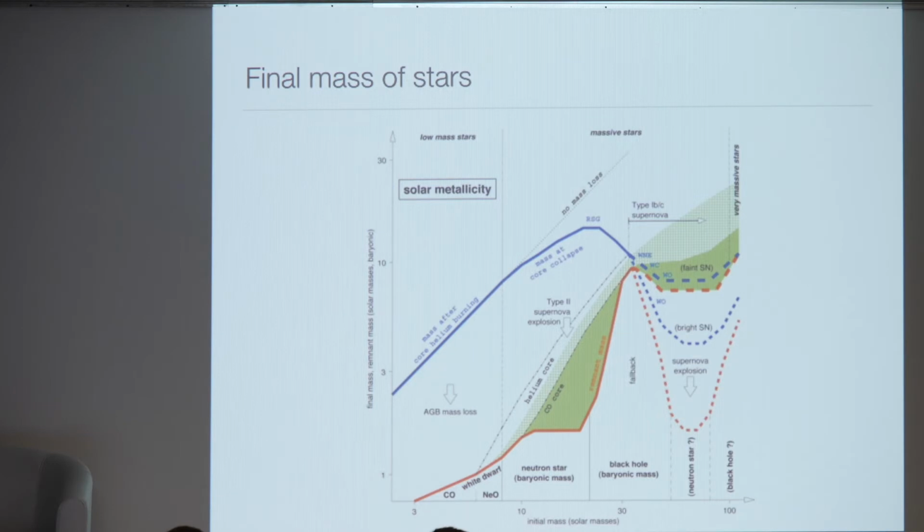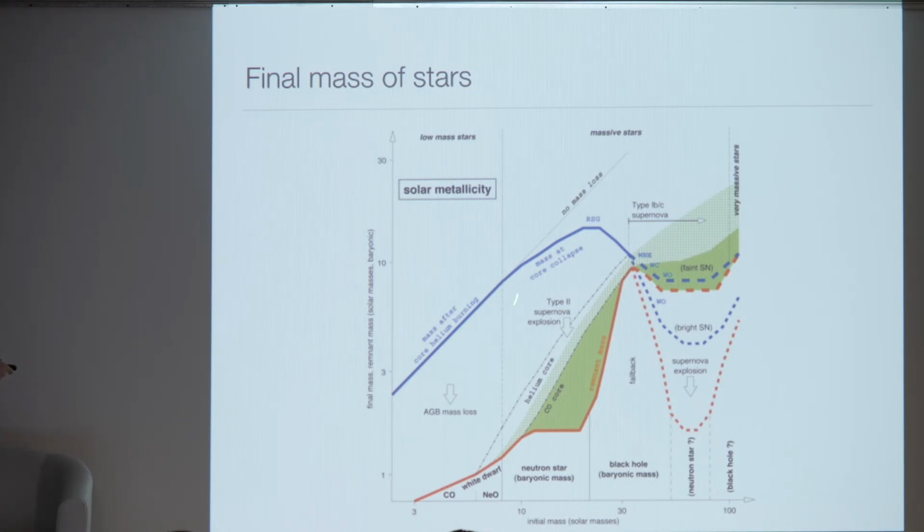So this is kind of a summary of the final mass of the stars, and this is the initial mass of the star, and this is the mass of the star at the end. So if there's no mass loss, and the star keeps its original mass, then the star must just lie in this region.